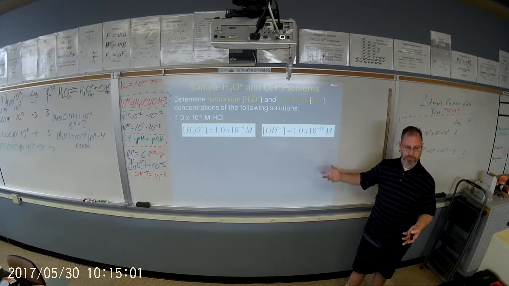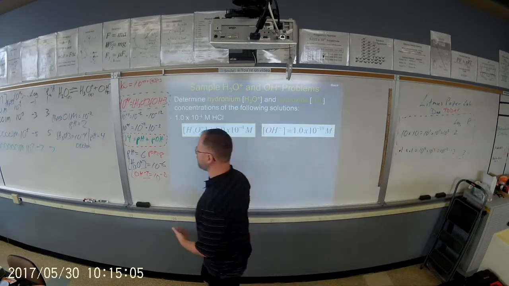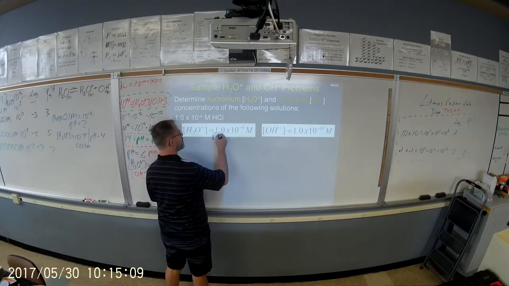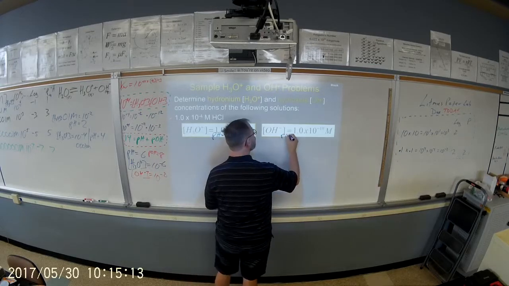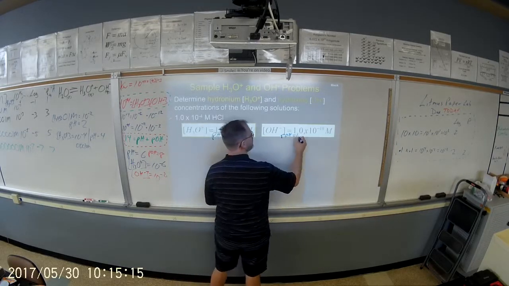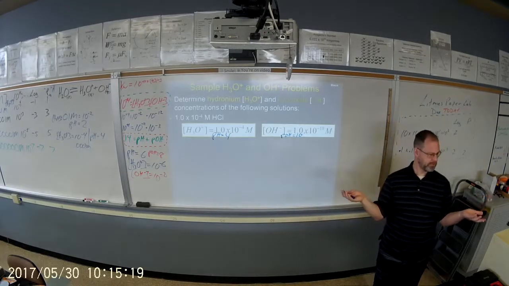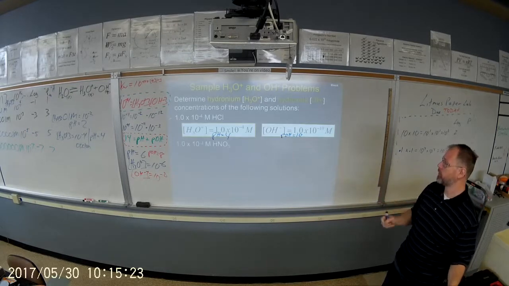So the exponents always have to add to negative 14. And that means our pH is going to be what? 4. And our pOH is going to be 10. See how that works? That's the pattern. It never breaks the pattern. It just follows the pattern over and over again.